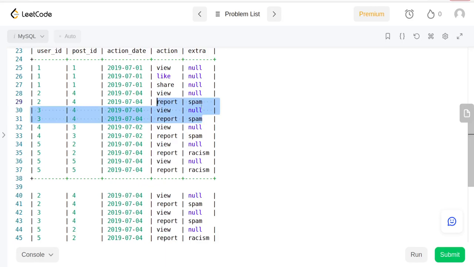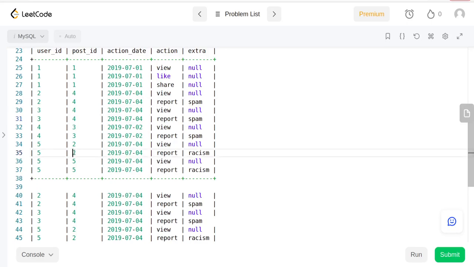Both of them are report, both of them are spam. And in terms of the post ID, oh, the reason is that this post ID is not different.